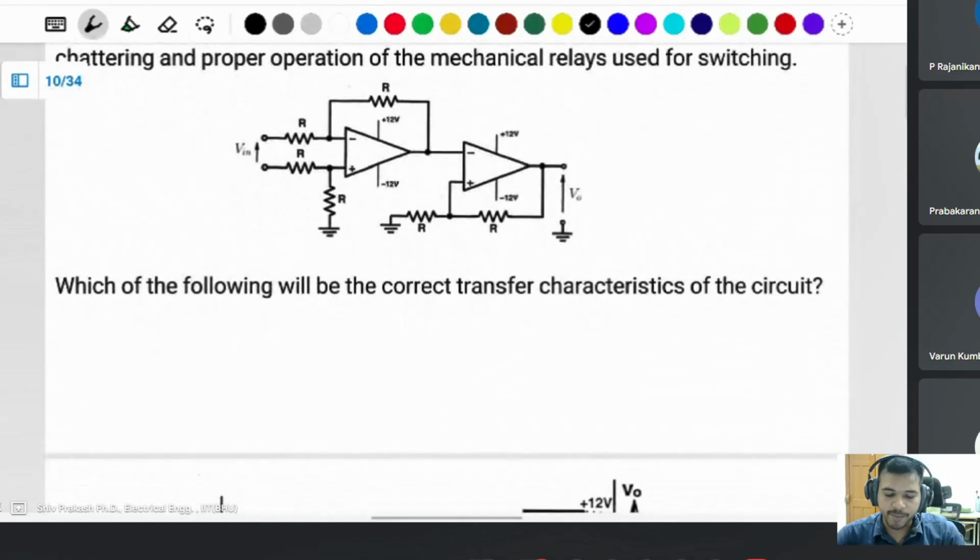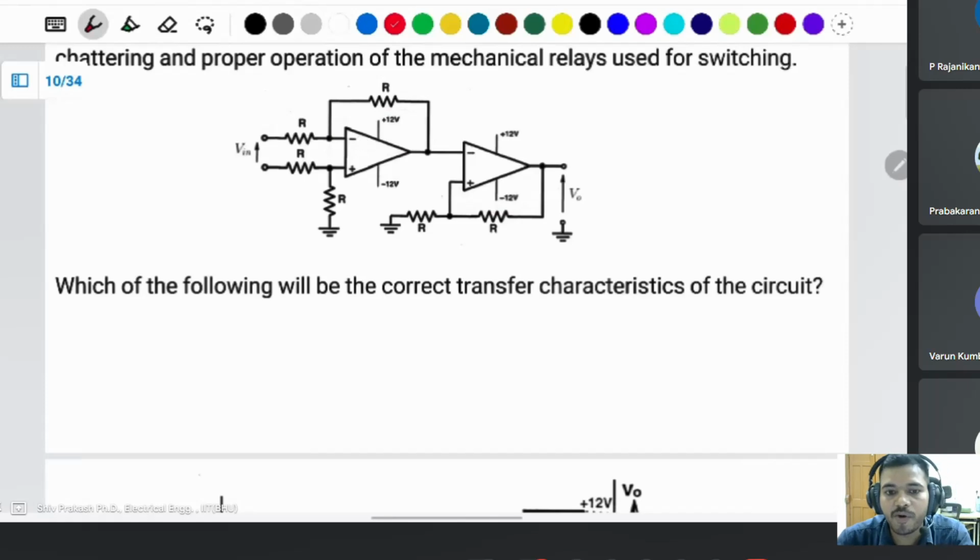This is two op-amps connected. One is connected in negative feedback, another in positive feedback.